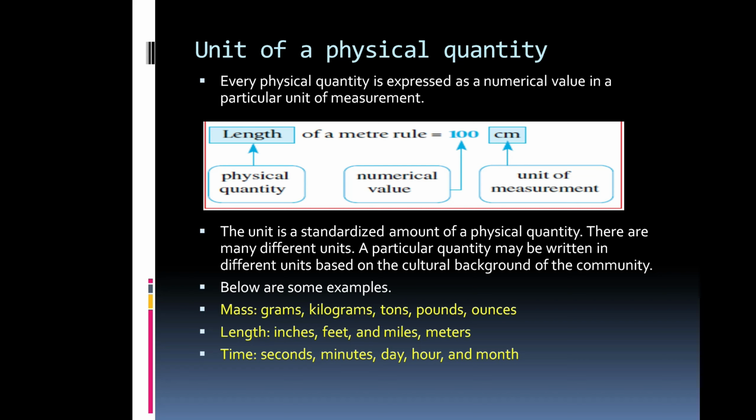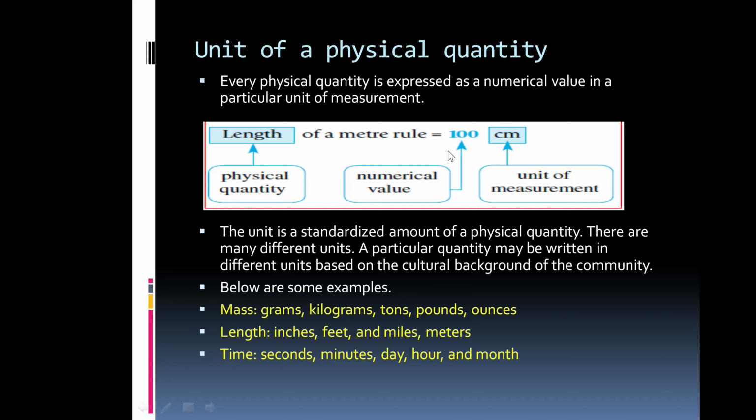To understand the concept of a physical quantity, we should include the numerical value as well as the unit of measurement. For example, the length of a meter rule is equal to 100. If we say that the length of a meter rule is equal to 100, we didn't communicate in a complete manner. How?